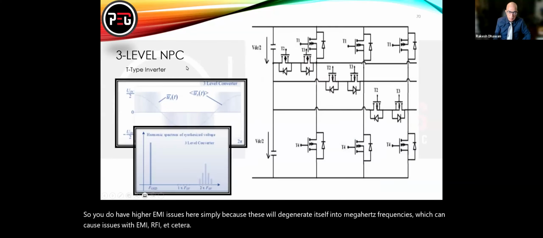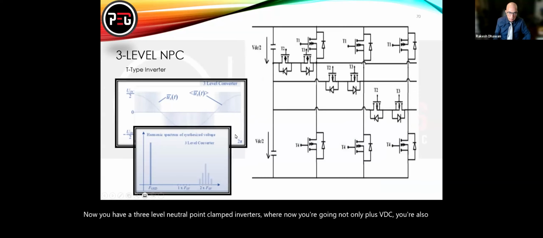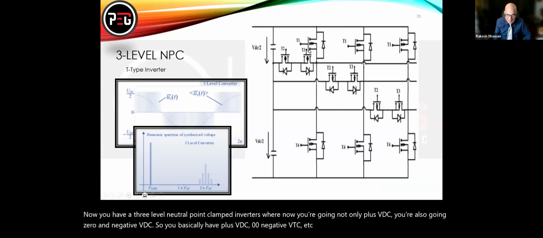Now, you have a three-level neutral point clamped inverter, where you're going not only to plus VDC, but also to 0 and negative VDC. Now, this has added complexity.